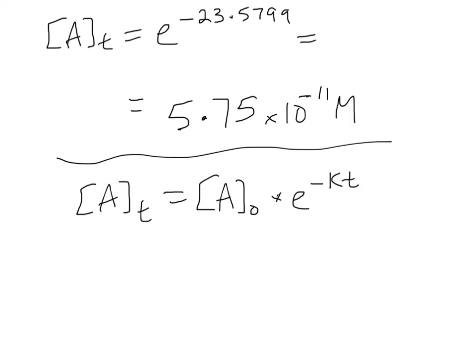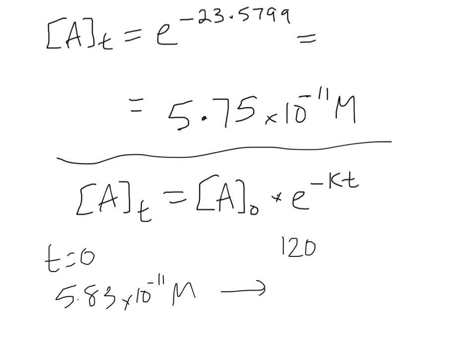Wow, okay, so the concentration at time equals 0 started out at 5.83 times 10 to the minus 11. And after 120 years, it only went down by the tiniest amount, to 5.75 times 10 to the minus 11. So that's an incredibly tiny change.